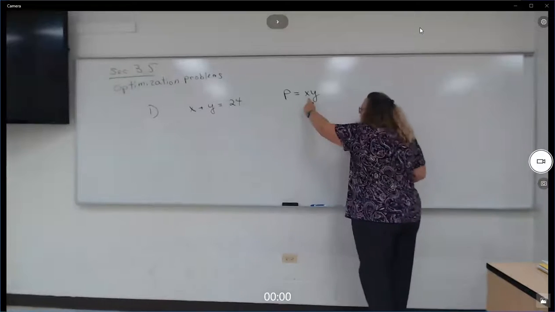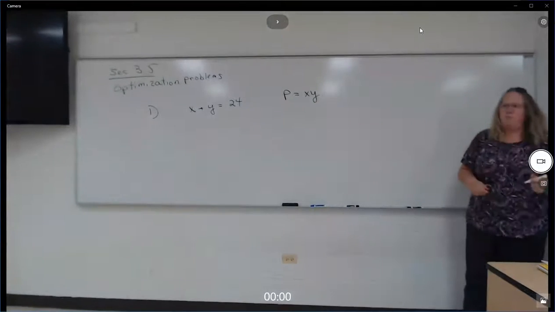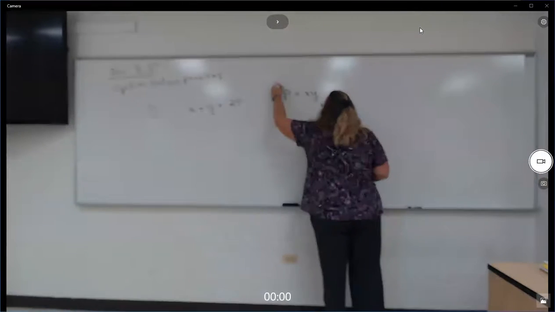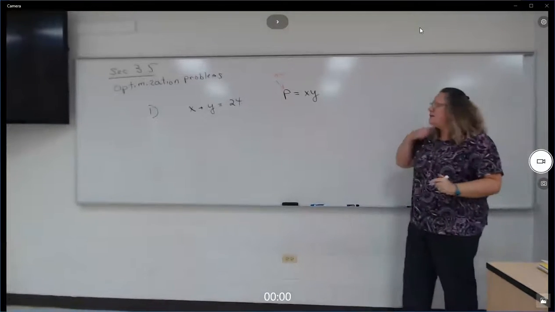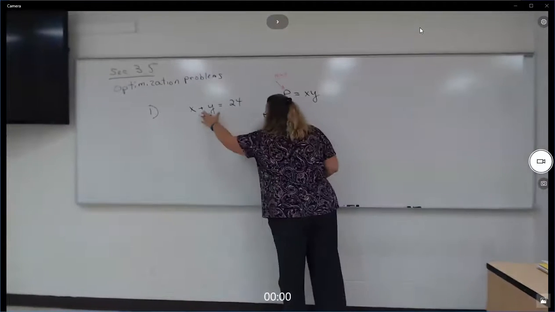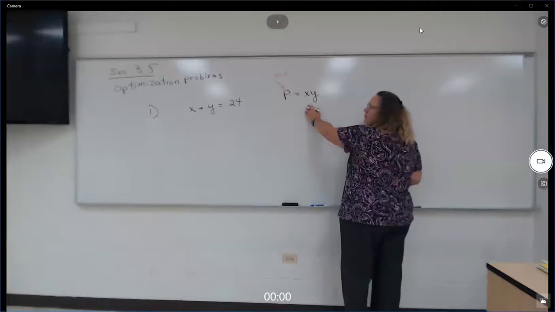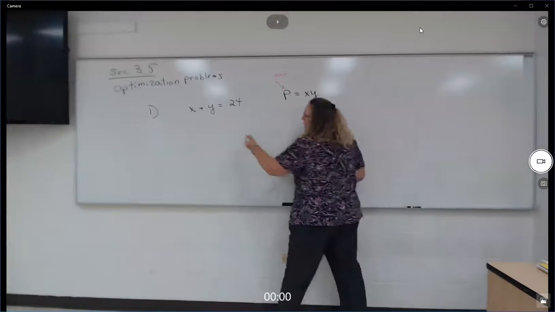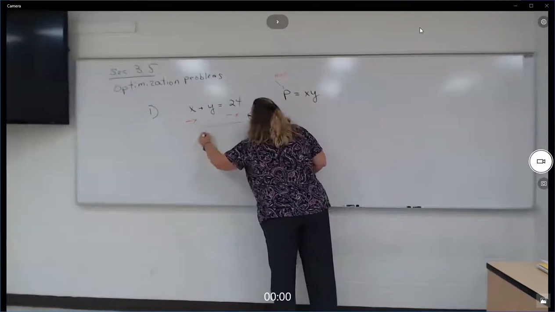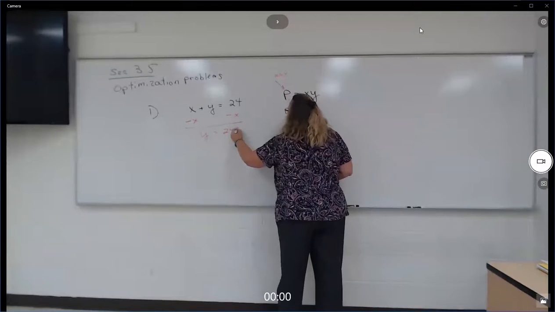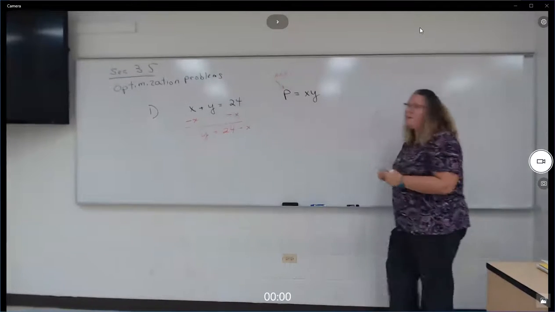this is the equation where we want the maximum. So we want to substitute this information into here. I usually solve for y, I'm just so used to solving for y anyway. So y equals 24 minus x. But you really can solve for either variable.